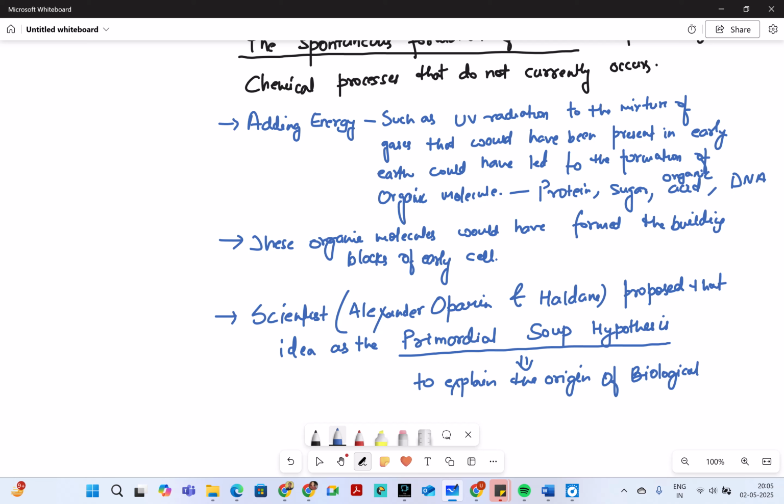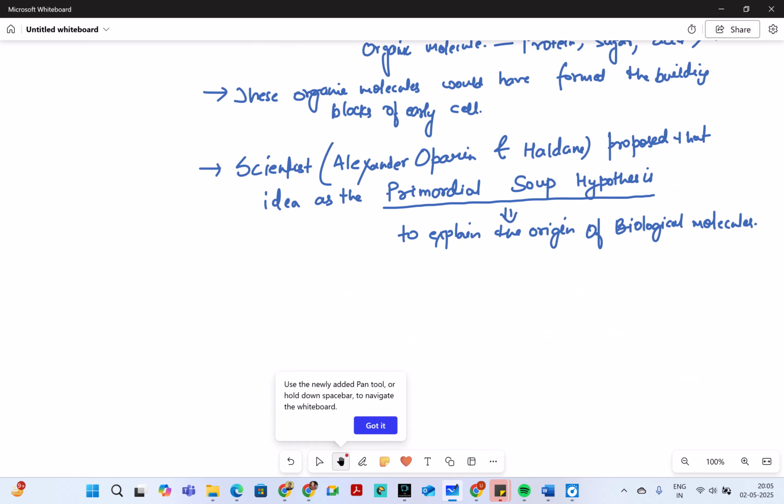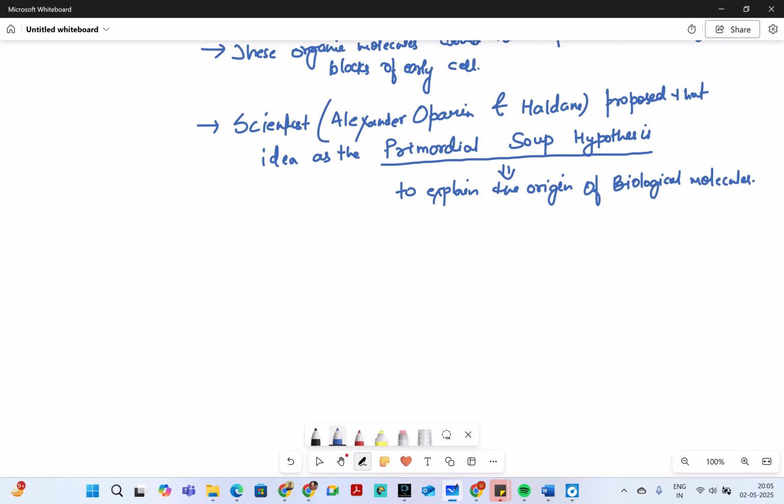Now it is possible that the high levels of ultraviolet radiation on the early earth could have catalyzed the formation of polymers, right? When we talk about polymers, we have some idea about monomers. Maybe you know monomers, and these monomer molecules get polymerized, right?